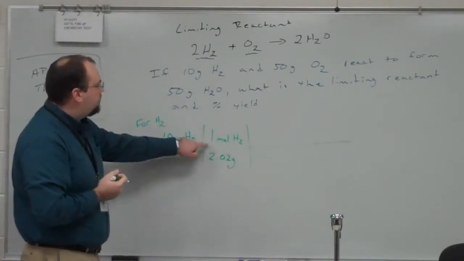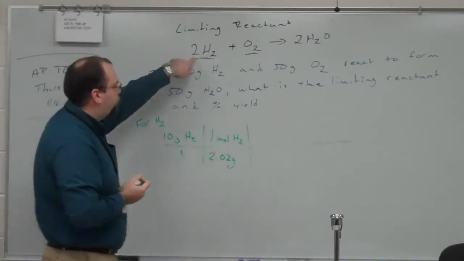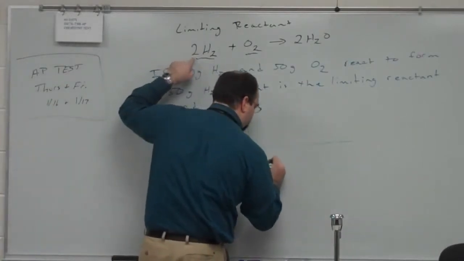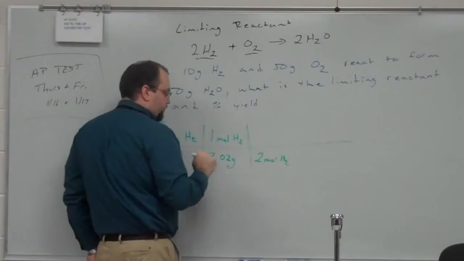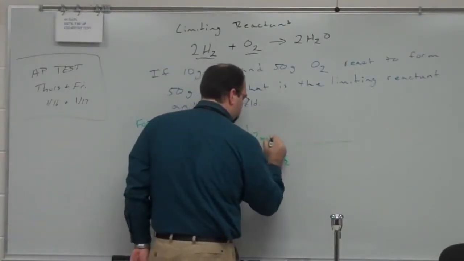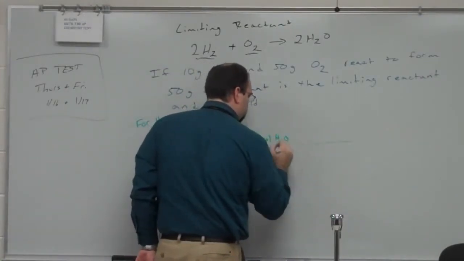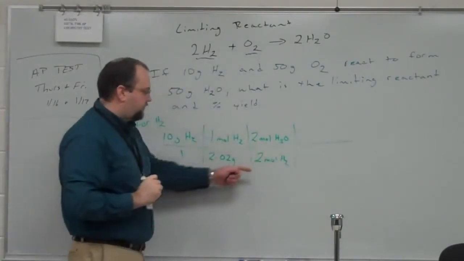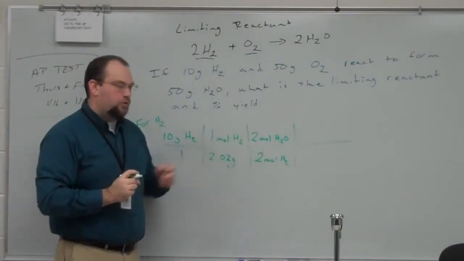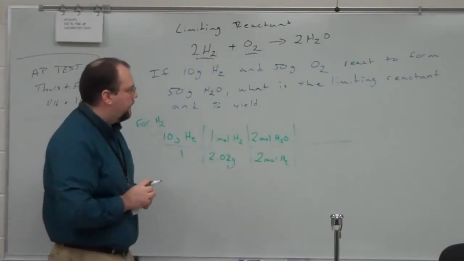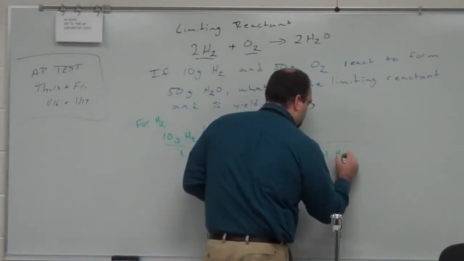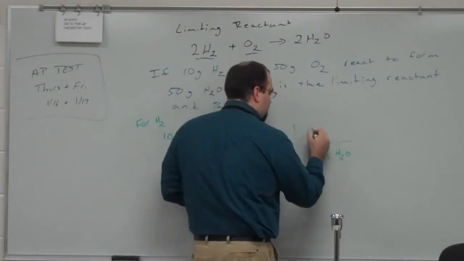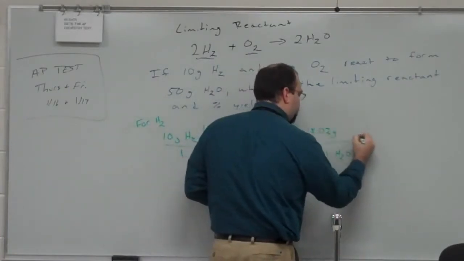From my balanced equation, I know that for every 2 moles of H2, 2 moles of H2O form. Okay, this is from my balanced equation. For every 2 moles of hydrogen, I get 2 moles of water. And then last but not least, I know that 1 mole of H2O weighs 18.02 grams.